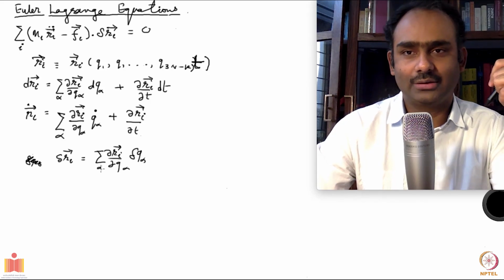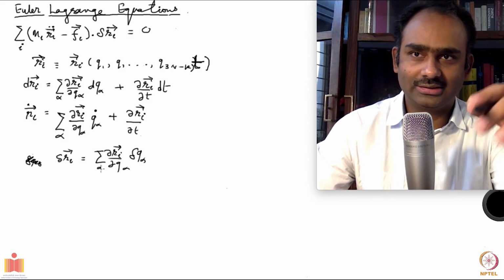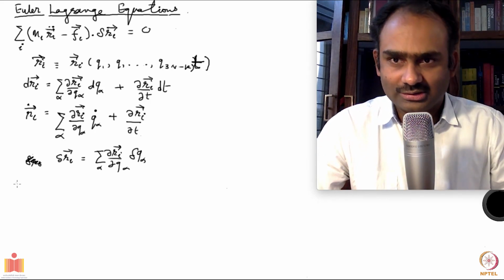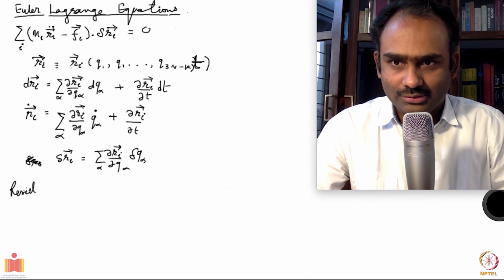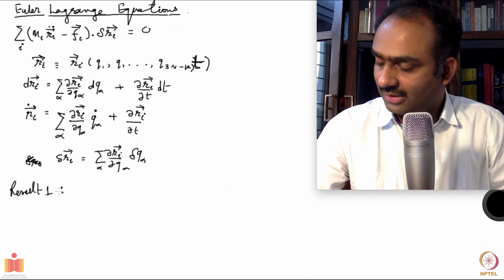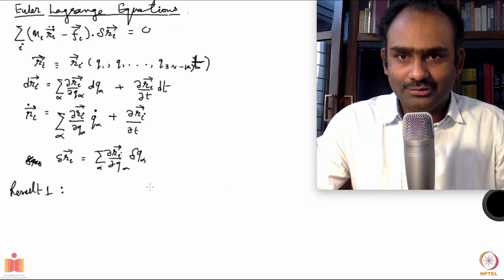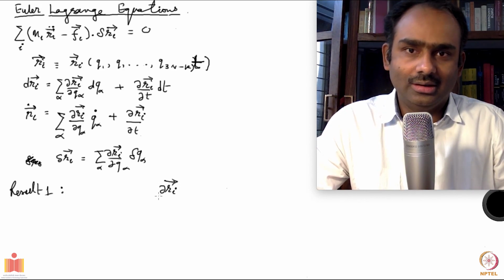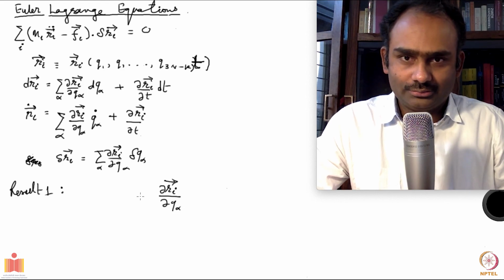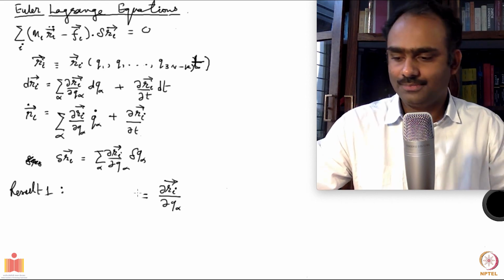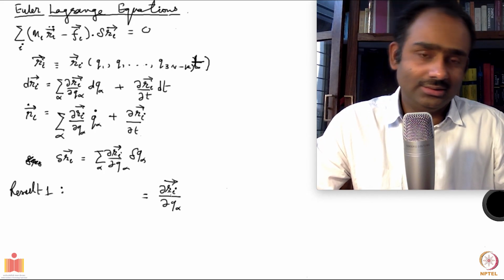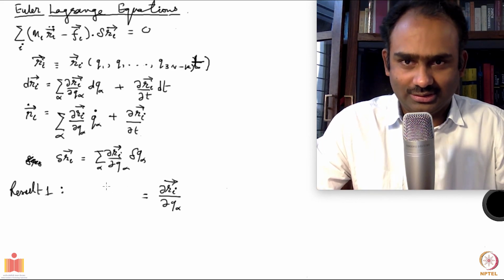Now before I proceed further, I should state two results which we are going to use in massaging the D'Alembert principle written here, and those two results are the following. Result 1 is that if you take del ri over del q alpha, and if you put dots both on ri and q alpha, then this equals that relation.